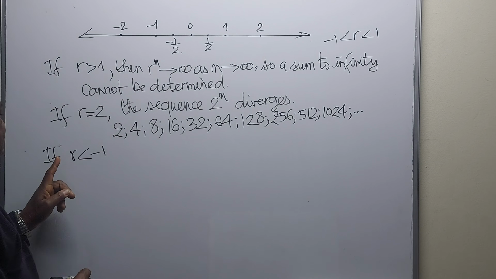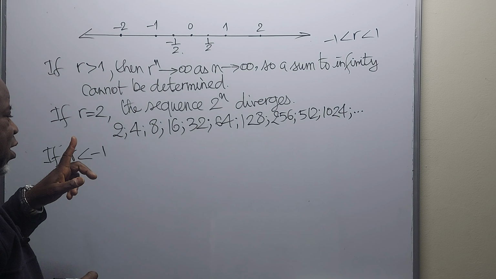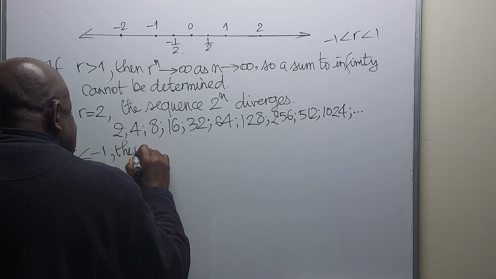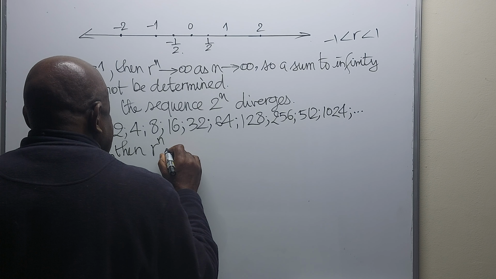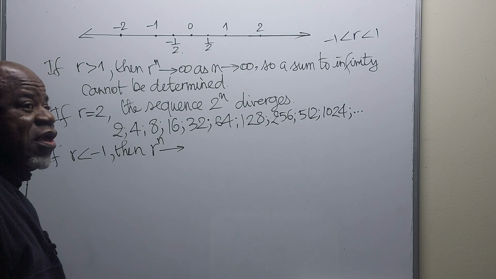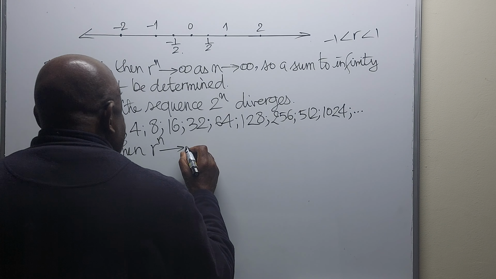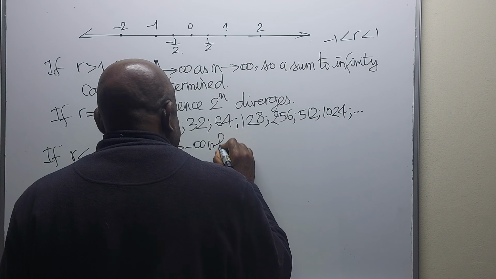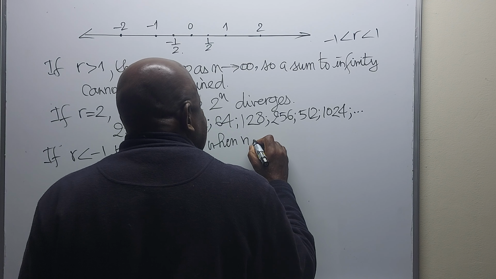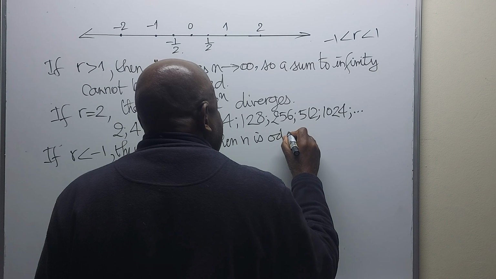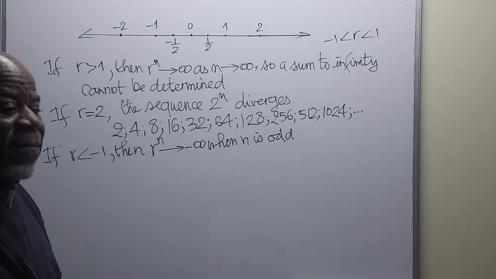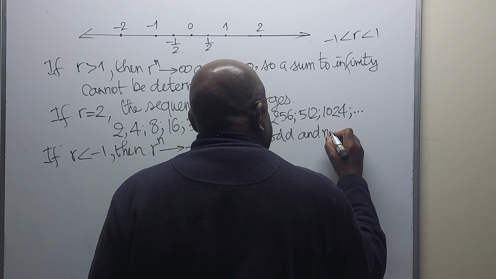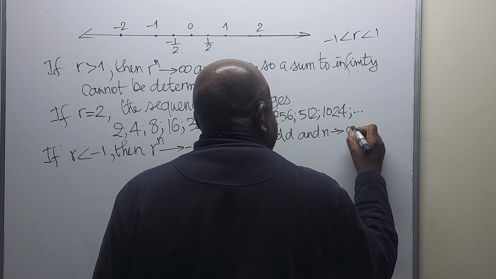Now, the case when the common ratio is less than negative 1, then r to the power of n tends to negative infinity when n is an odd number, and n tends to infinity.